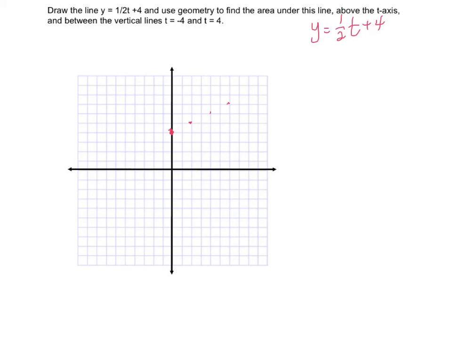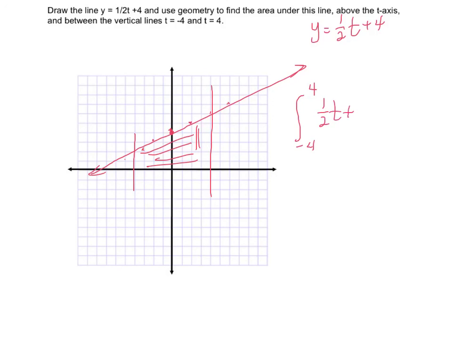So if I draw this line, right, okay, and I want from -4 to 4, and then find this area in here. So in other words, I'm finding the integral from negative 4 to 4 of 1/2 t plus 4, and we'll call it dt this time, equals, and that's my answer.